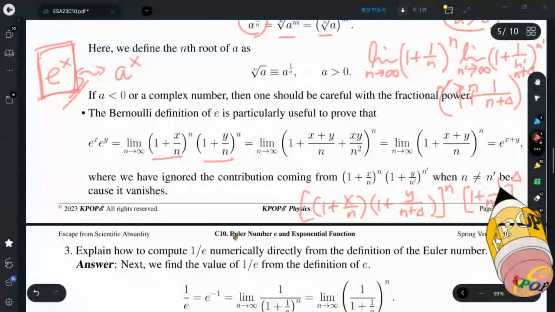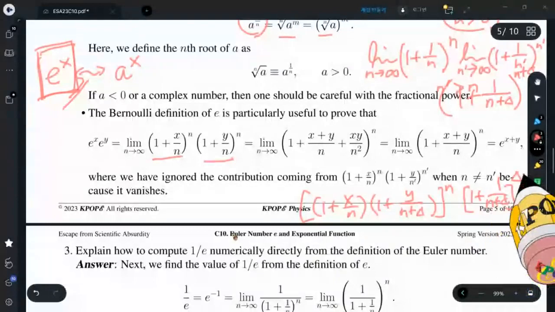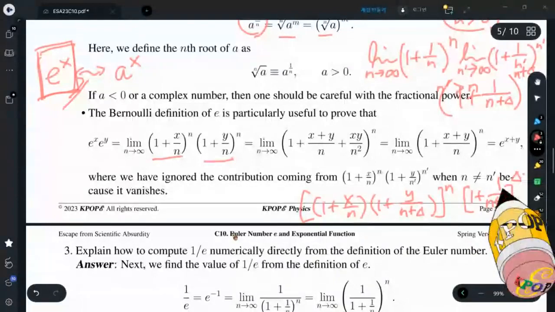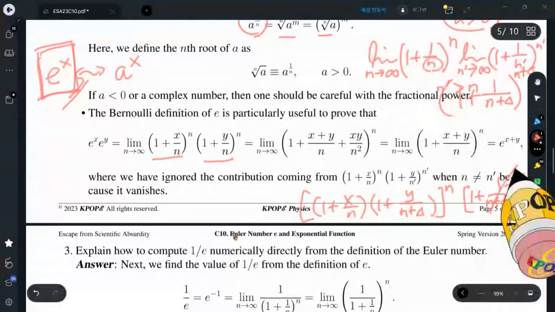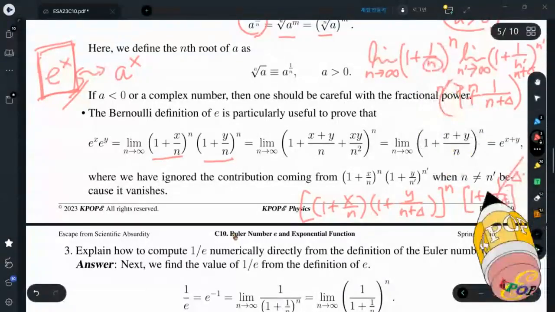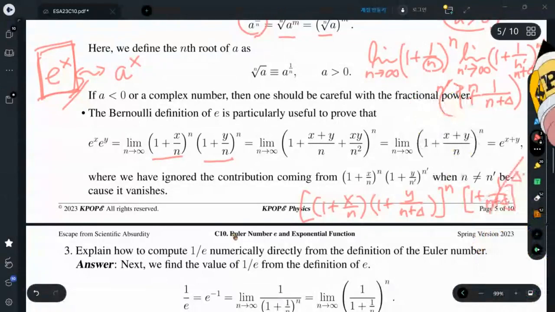However, because this is finite, as n goes to infinity, this guy vanishes. So I can always ignore the different powers.